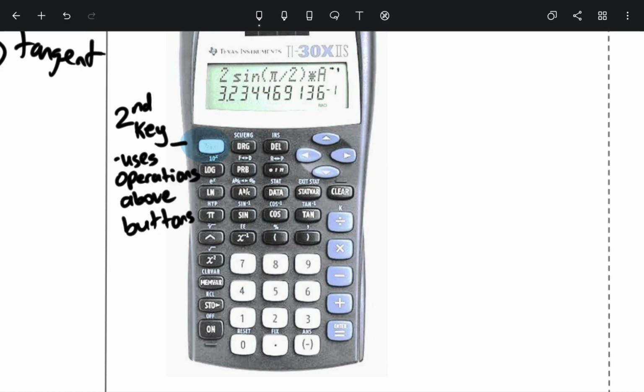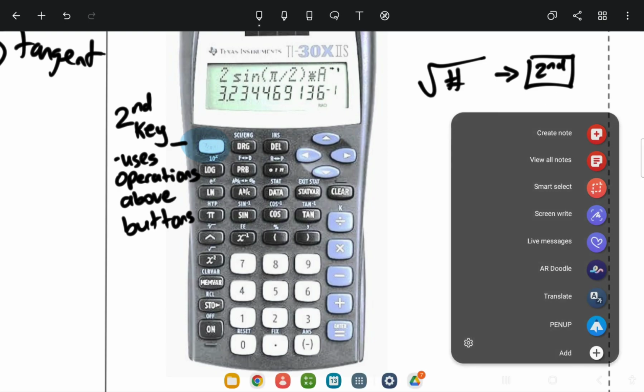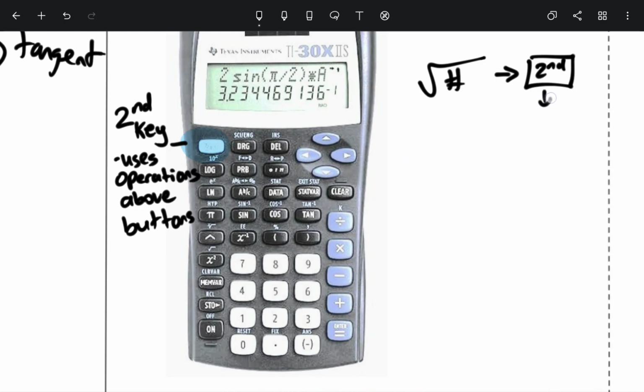Like if we want the square root of some number, you have to press second, then your x squared key, and that will get you the square root.